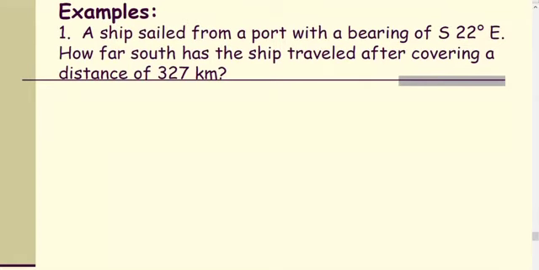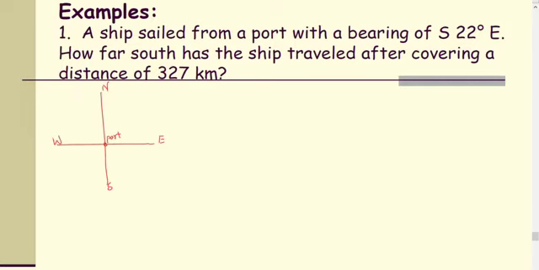The first example: a ship sailed from a port with a bearing of south 22 degrees east. How far south has the ship traveled after covering a distance of 327 kilometers? Let's draw the north-south, east-west line. Let the origin be the port location.